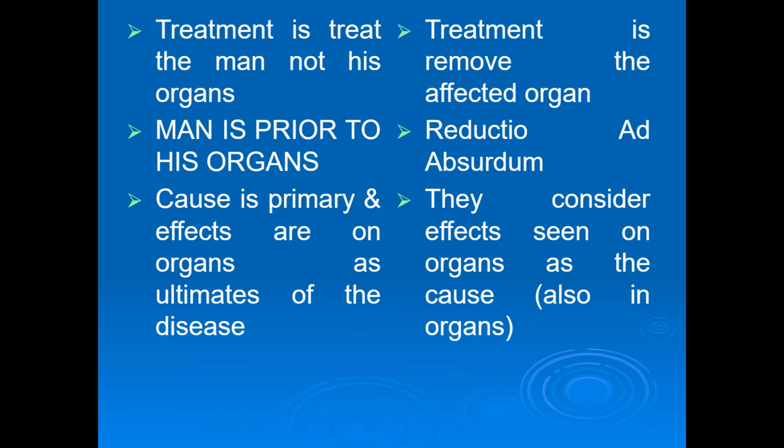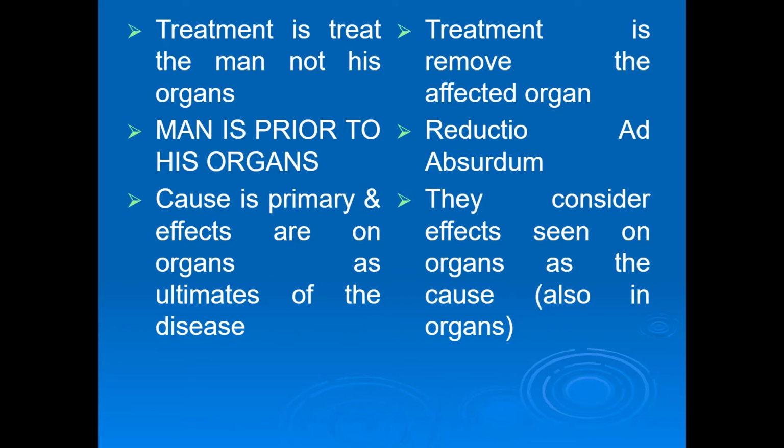Whatever is seen, say a corn or wart, is cauterized, and tonsils are removed. But this is reductio ad absurdum; reduction of the organ is not correct, because whatever you are removing is not the disease but only the effect of the disease.